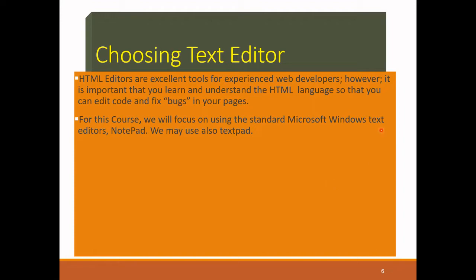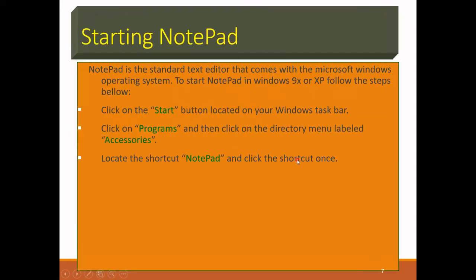So I suggest we use Notepad or TextPad. During the practical class, I will write the code using Notepad. Whatever text editor you have, Notepad or TextPad, you may use any of them. It is suggested not to use the professional ones.